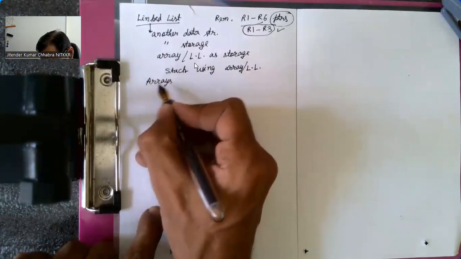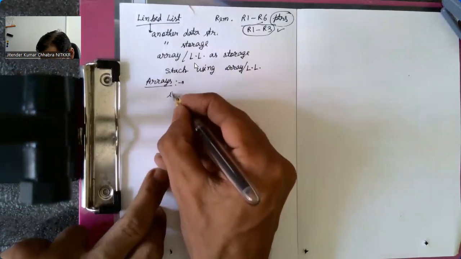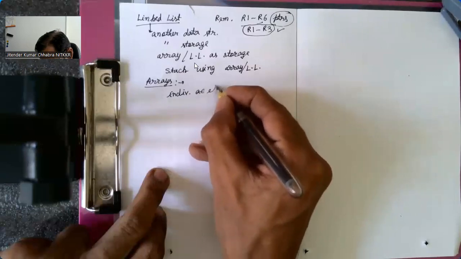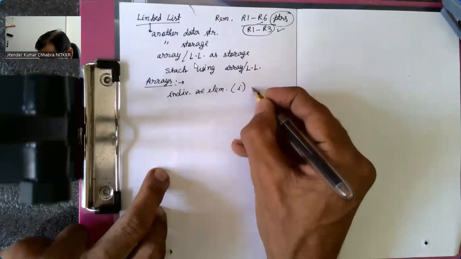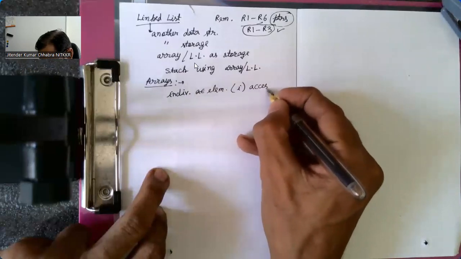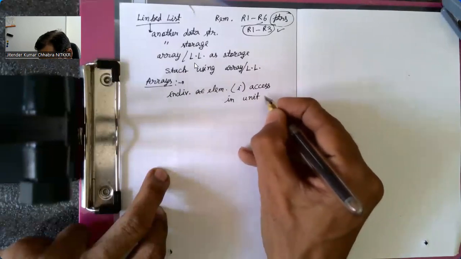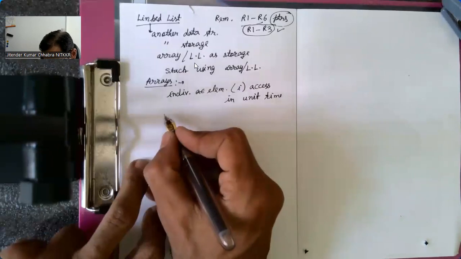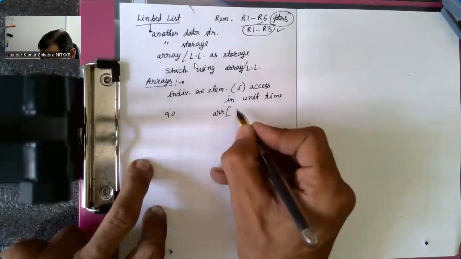Arrays have mainly one biggest advantage, that individual element access is very fast. If I want to access any element, let's say I, it is extremely fast, in unit time. Why unit time? Once I know that I want to refer to, let's say, the 90th element, I will simply say array 89.